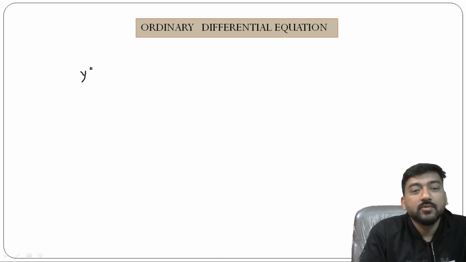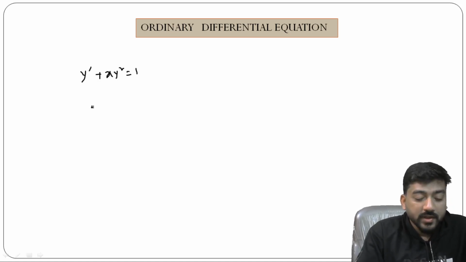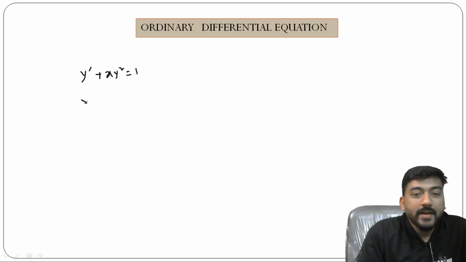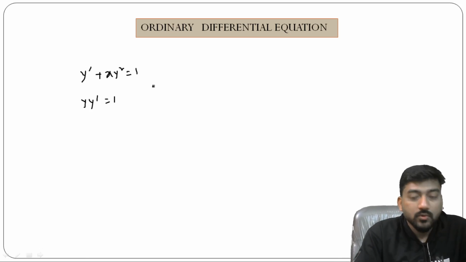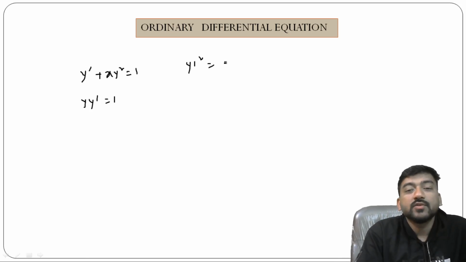Let me take some examples. Suppose y dash plus x y square is equal to 1, or y dash square is equal to xy. You can see here the power of y or y dash is not 1. Here also the power of y is minus 1: y dash is equal to 1 upon y.